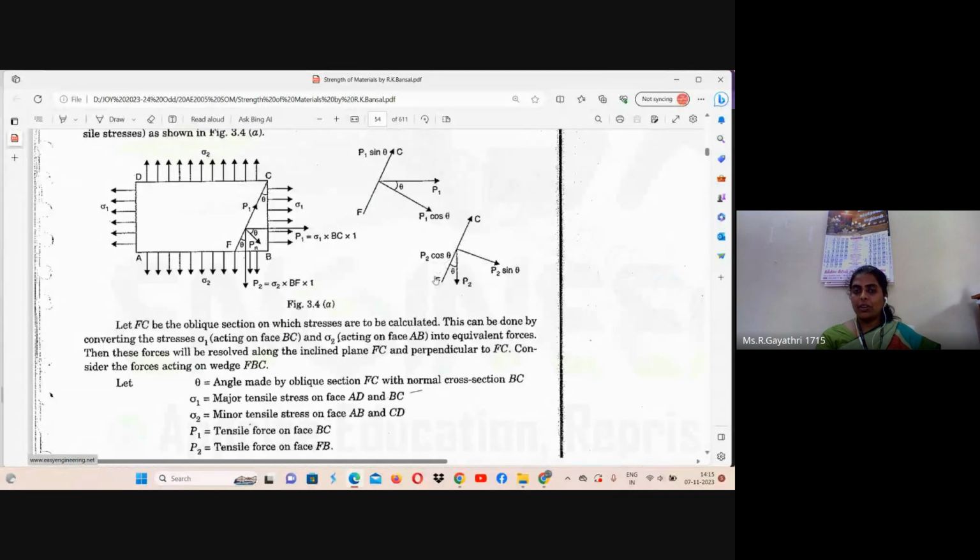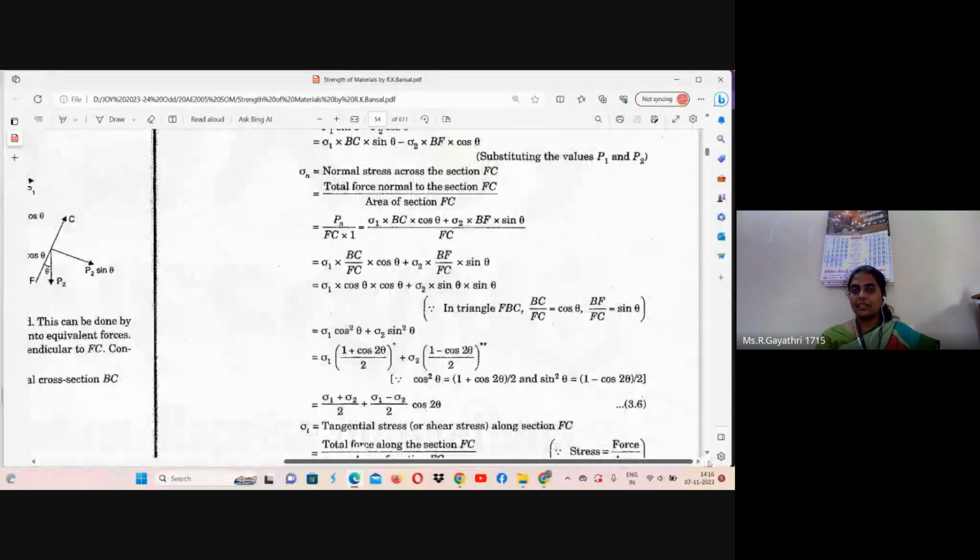Force is a vector quantity. So for Pt, the tangential force from forces P1 and P2 along and perpendicular to plane FC, we can say Pt is equal to P1 sin theta, acting in the upward direction, minus P2 cos theta, acting in the downward direction. So minus P2 cos theta.